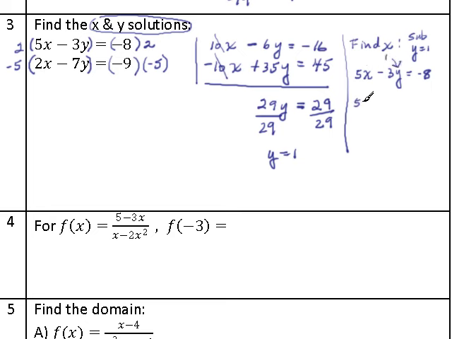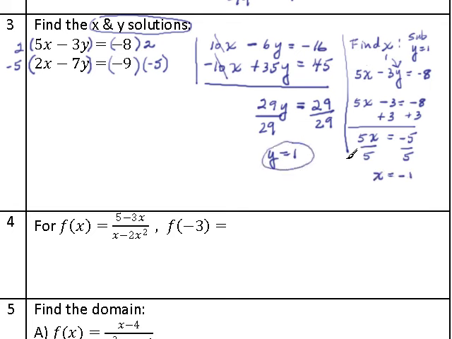So we have 5x minus 3 is equal to negative 8. And we'll just solve, add 3. And we get that 5x is equal to minus 5. Dividing both sides by 5, we get that x is equal to minus 1. So there's the y solution, and there's the x solution.